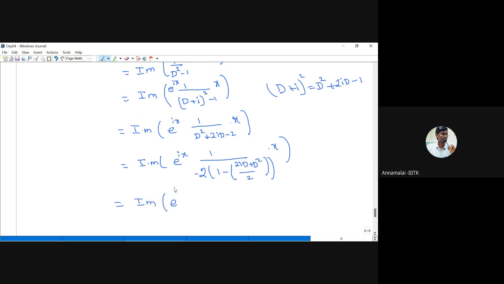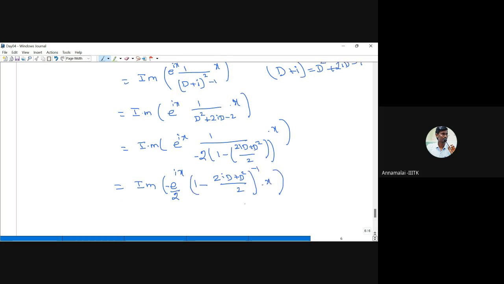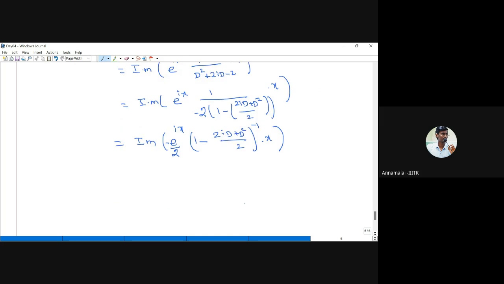So e power ix into, anyway you can take minus 2 here. Now we get 1 minus (2iD plus D square) by 2, whole inverse, into x. This is 1 minus x whole inverse, therefore everything is plus. If you take the first derivative of x, you get 1. The second derivative is always 0.